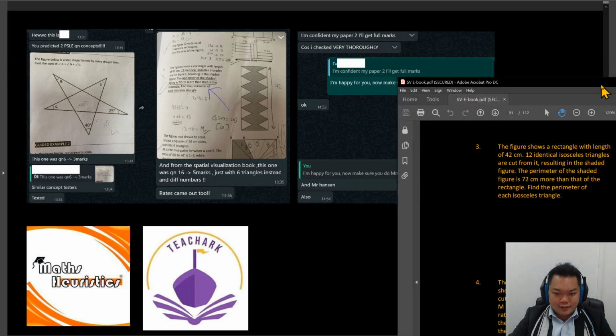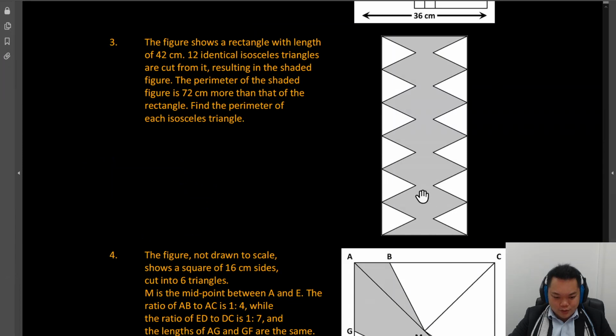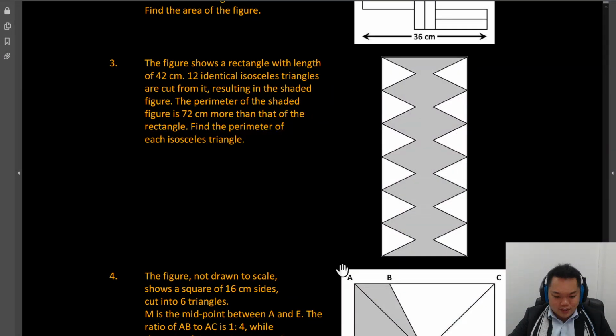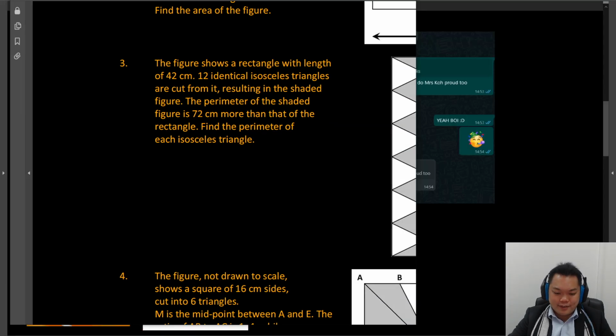Found it. So this is from page 91 of the spatial visualization ebook and also the hard copy.